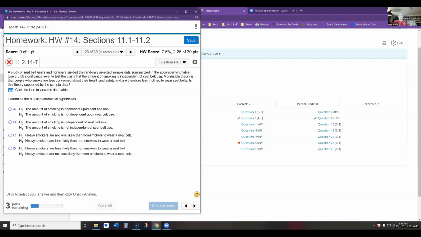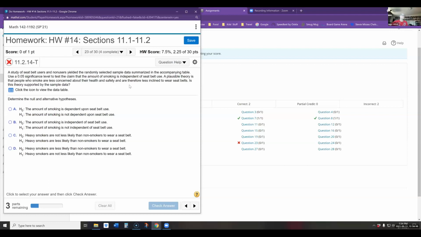It says here, a plausible theory is that people who smoke are less concerned about their health and safety and therefore less inclined to wear seatbelts.